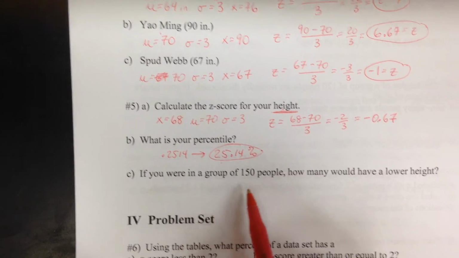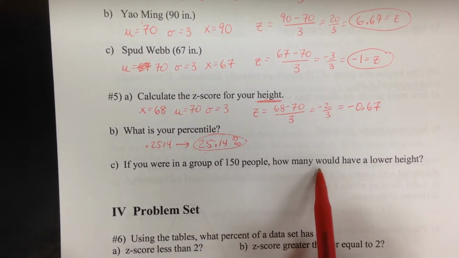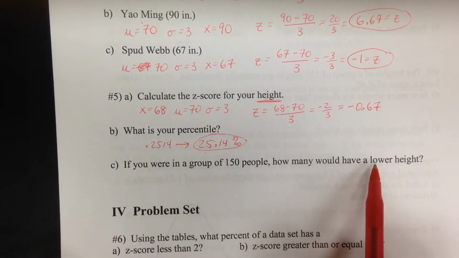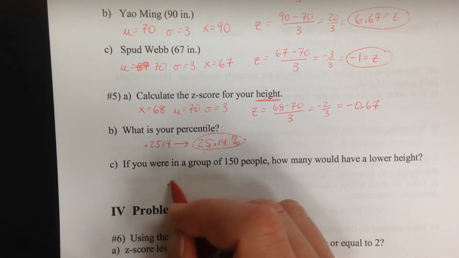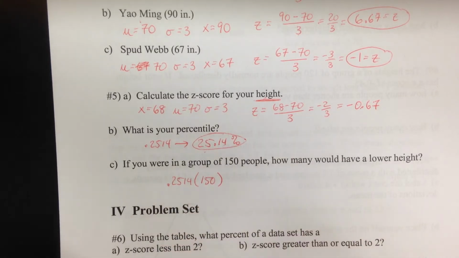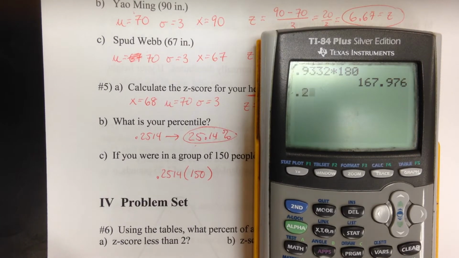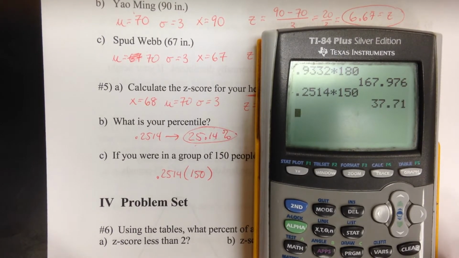If you were in a group of 150 people, let's say that it was normally distributed, how many people would have a lower height? Well, we would take 25% of that group. So we would multiply 0.2514 times 150, which is 37.7.